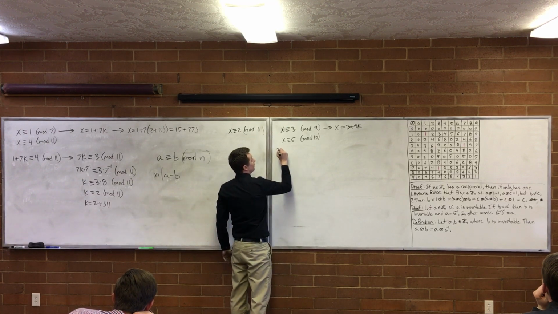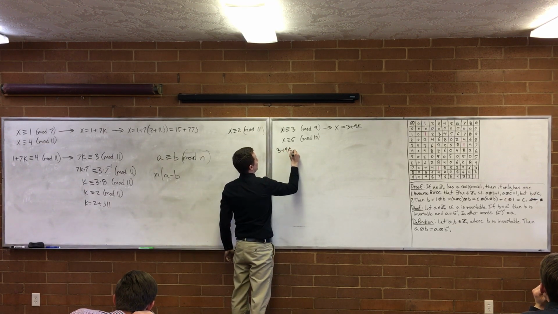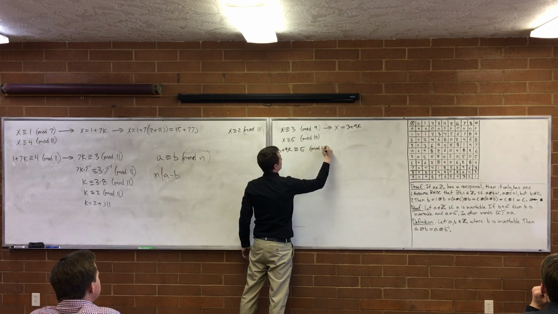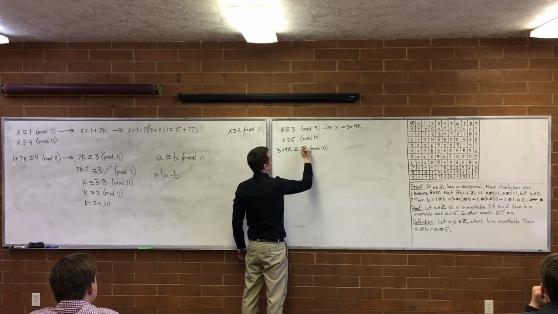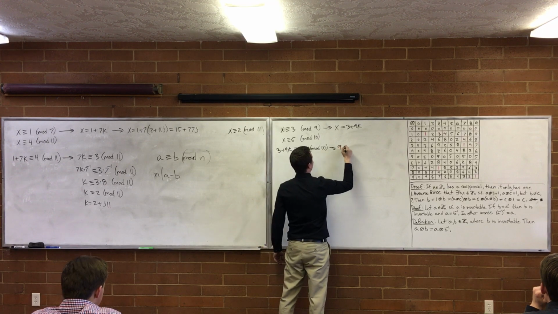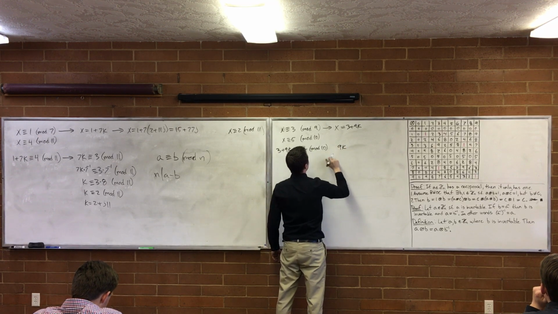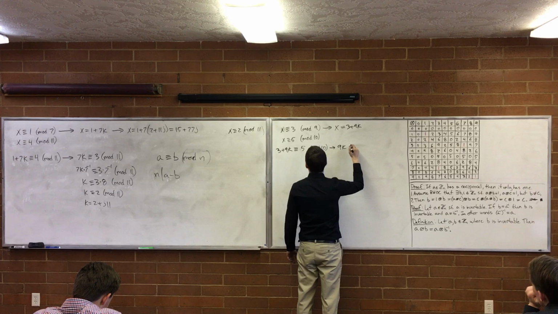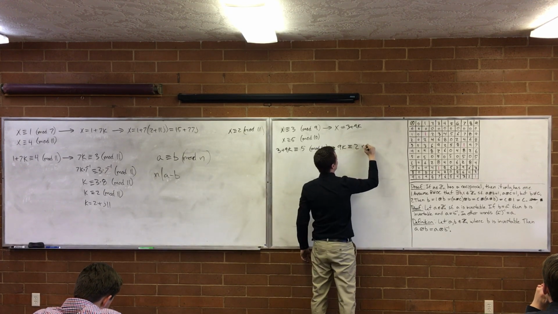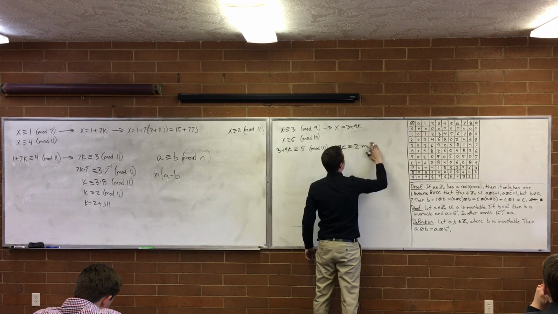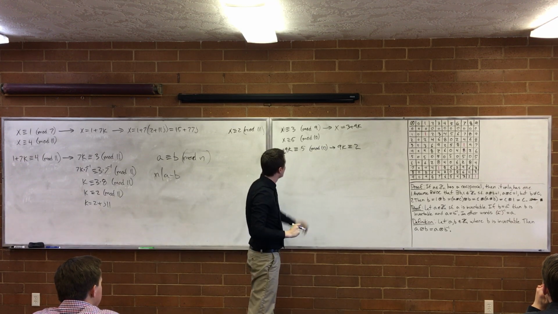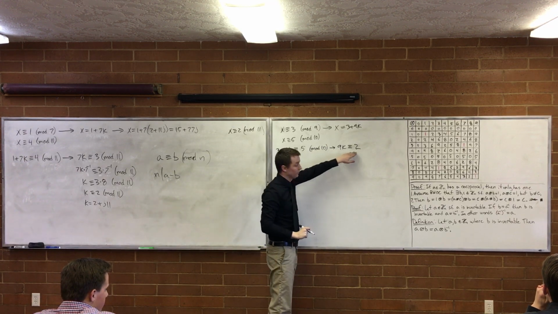So I know that x is congruent to 5 mod 10, right? That's 5, which gives me 9k. 9k is congruent to, subtract 3 from both sides, 2 mod 10. I'm going to stop writing the mod 10. I'm just going to write congruent and keep going with it. So that means 9k is congruent to 2, right?